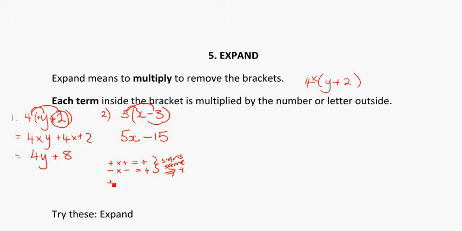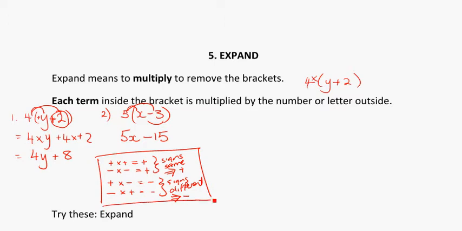Now if the signs are different, like a plus times a minus, you get a negative, or a minus times a plus, you get a negative. So if the signs are different, you always get a negative result. And those should be familiar to you, those rules.